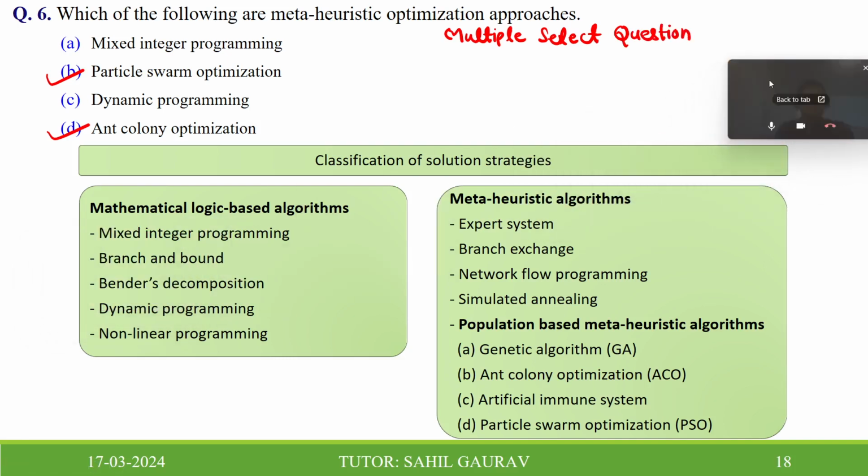You can see the different classification of solution strategy. From this diagram, you can clearly say that the metaheuristic optimization approaches are particle swarm optimization and ant colony optimization.